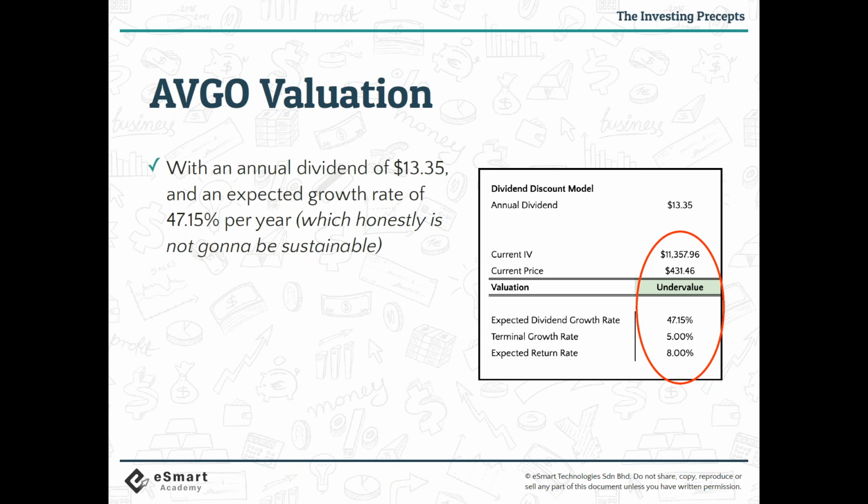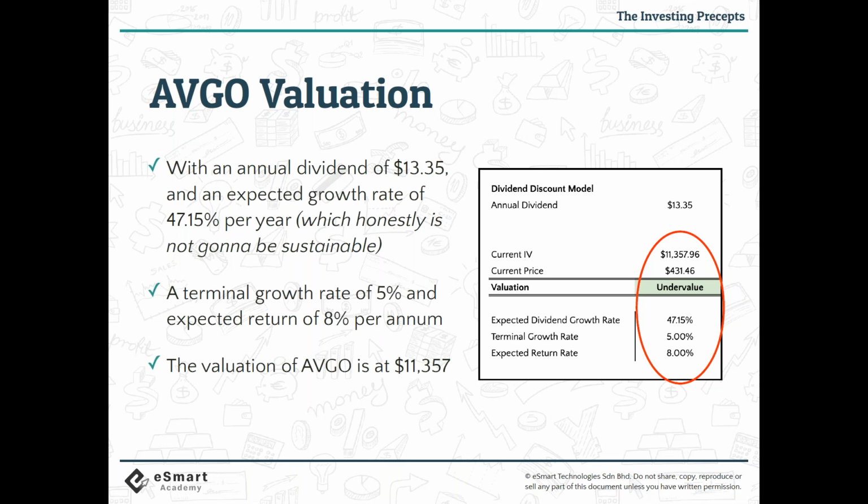Same method: the annual dividend I inputted is $13.35 per year. The expected growth rate was crazy, 47.15% per year, which is what the dividend has been growing at. Honestly, it's not going to be sustainable. How can you grow a dividend 50% year on year? That's crazy.